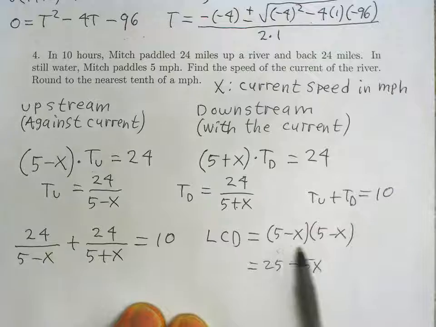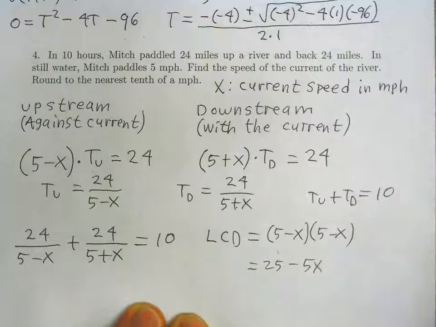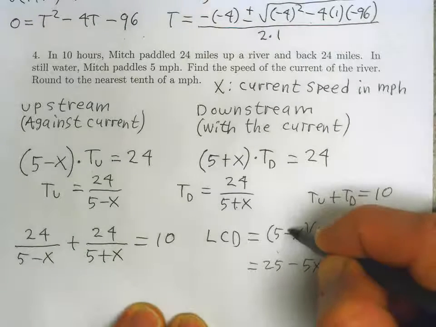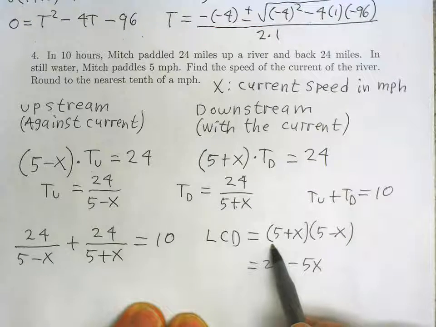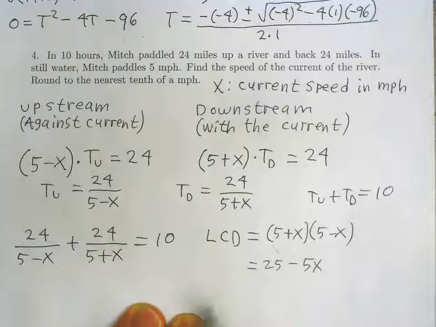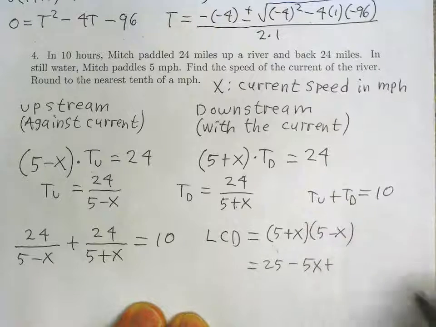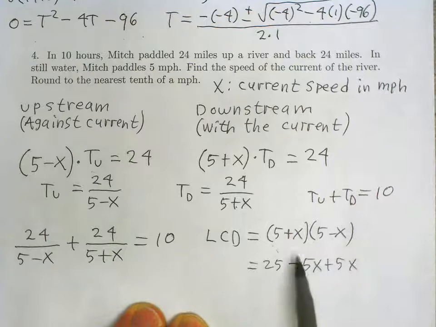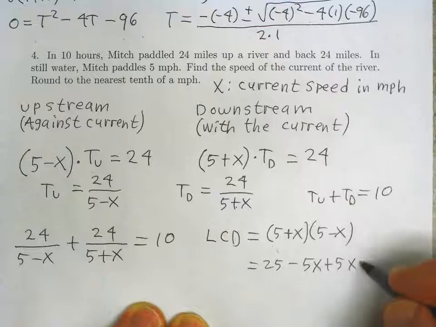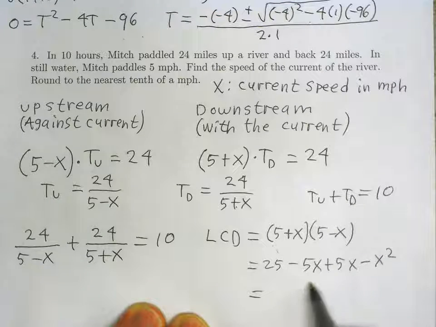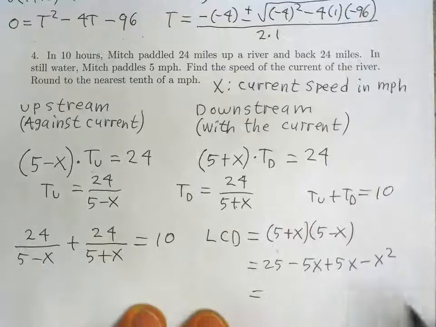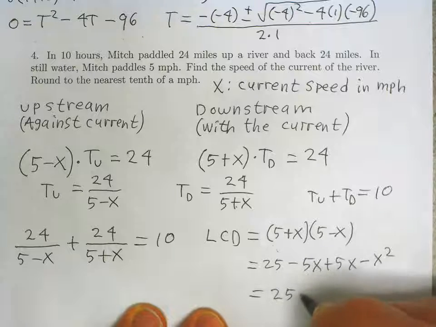I'm sorry, I wrote one of those incorrectly. Let me change this one to 5 plus x. 5 plus x times 5 minus x. Those are the two denominators. So 5 times 5 is 25, and then minus 5 times x is minus 5x. And then plus x times 5 is plus 5x. And then finally, x times negative x, we write minus x squared. And the two middle terms cancel each other out, so the least common denominator is 25 minus x squared.